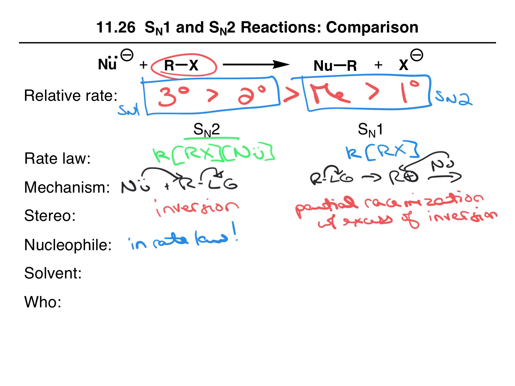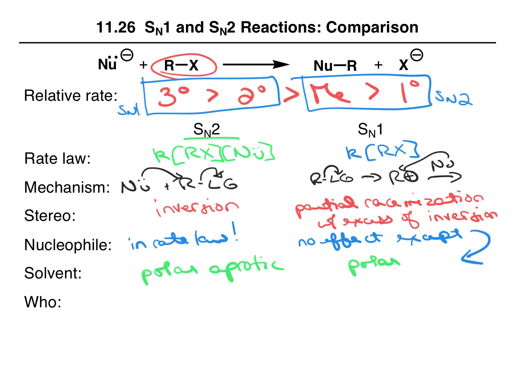In an SN1 reaction, the nucleophile has no effect, except as solvent. For an SN2 reaction, we want a polar aprotic solvent. For an SN1 reaction, we also want a polar solvent. Higher dielectric constant means a faster reaction.